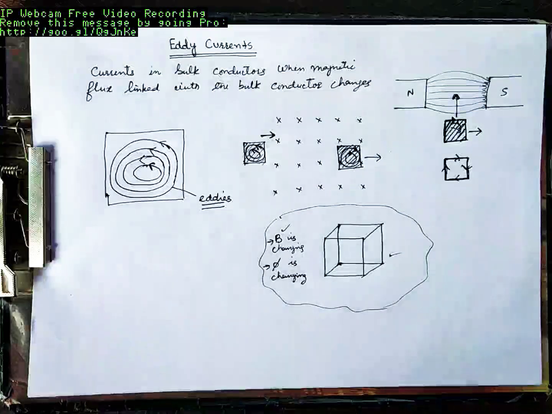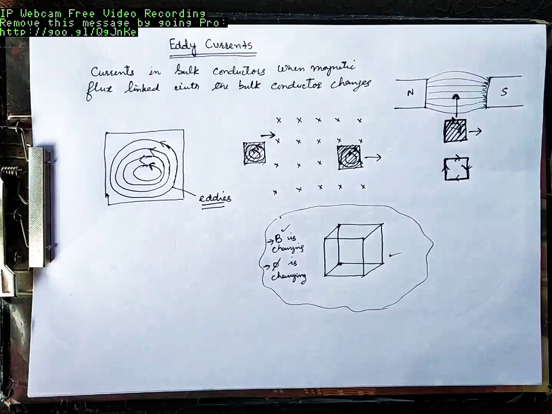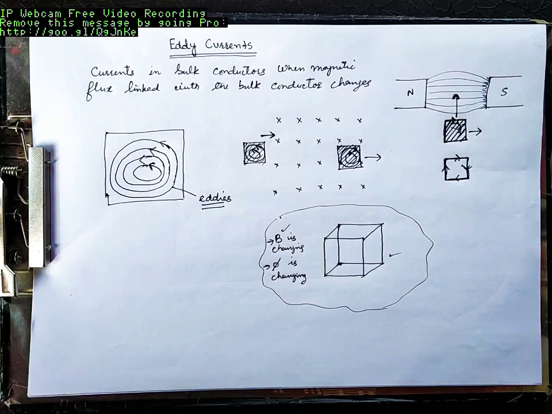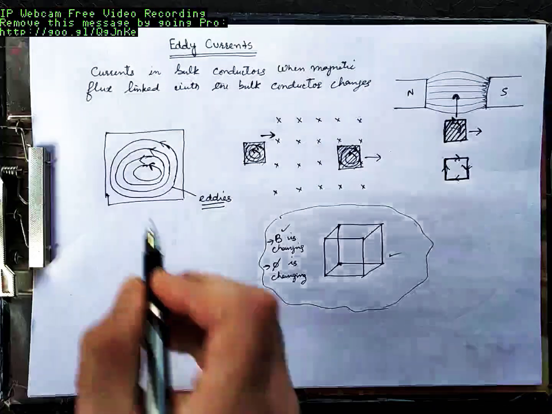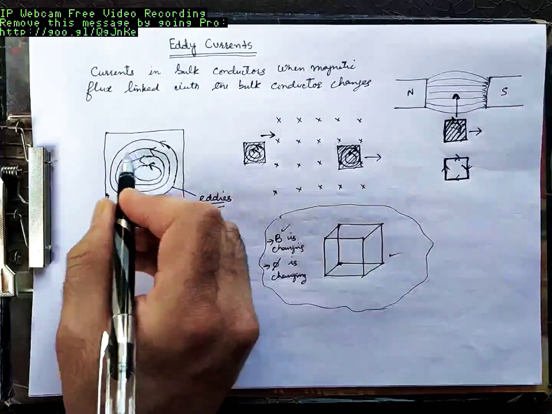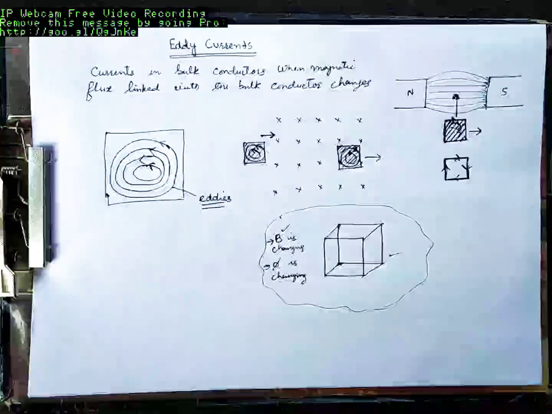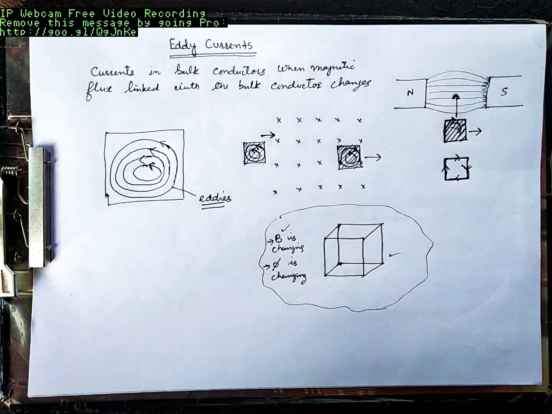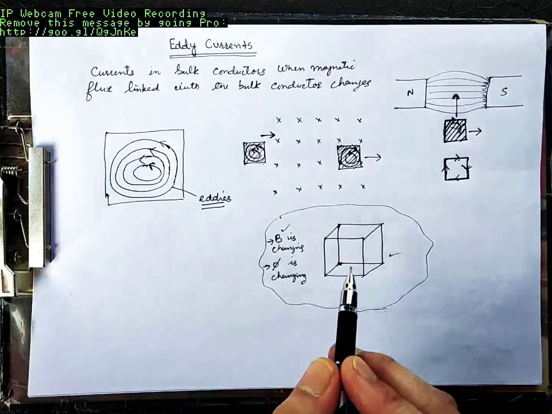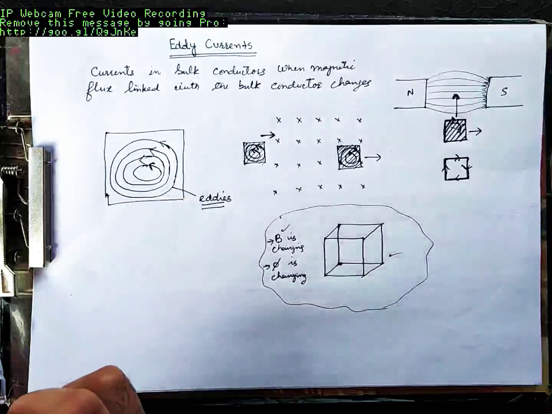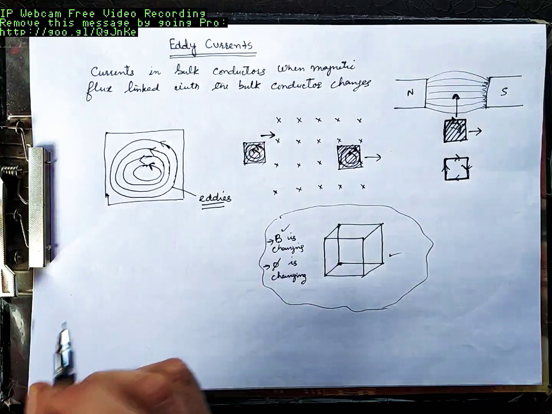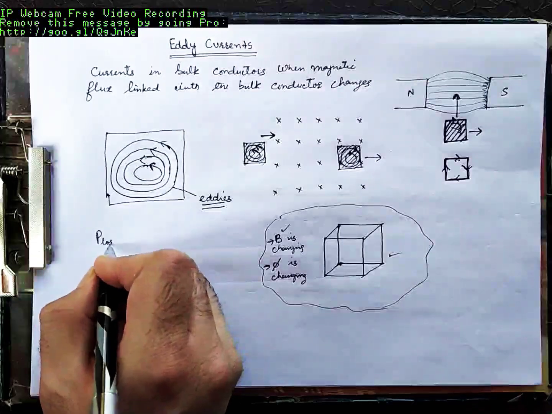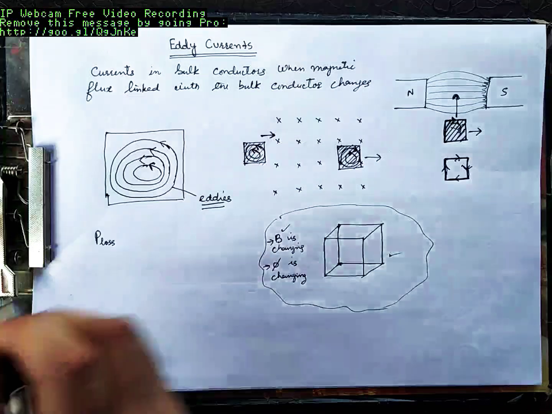You will say, so what is the big deal about this? Let the current flow. But we already know from the Joule's effect of heating, whenever current flows through any material, and that material has resistance, we know all the materials have some resistance, some less, some more, there's a power loss, what you call Joule's effect of heating.